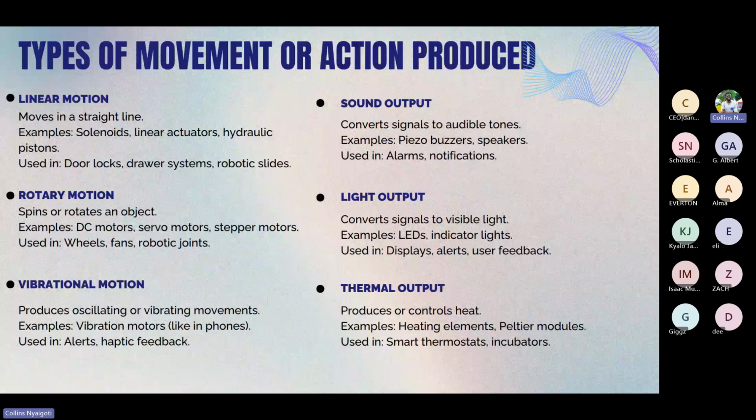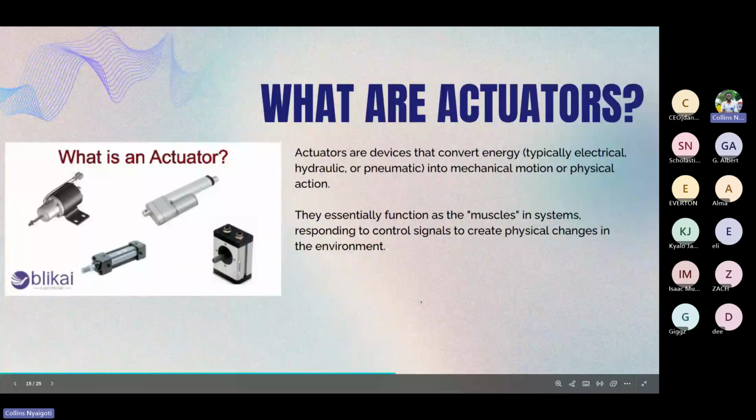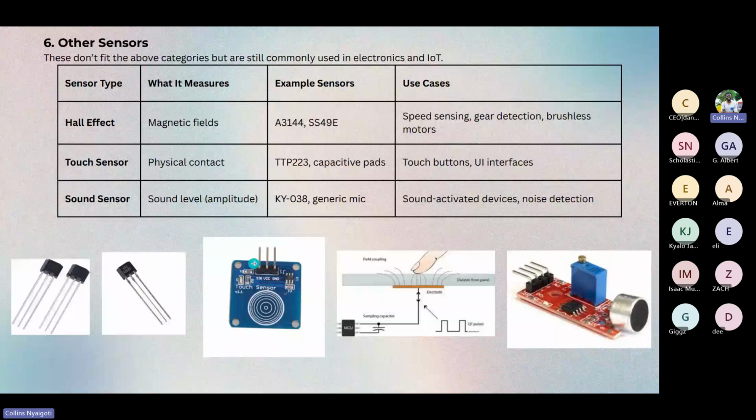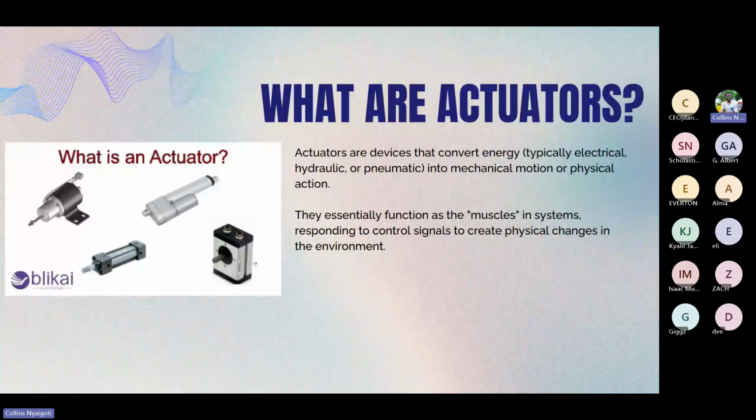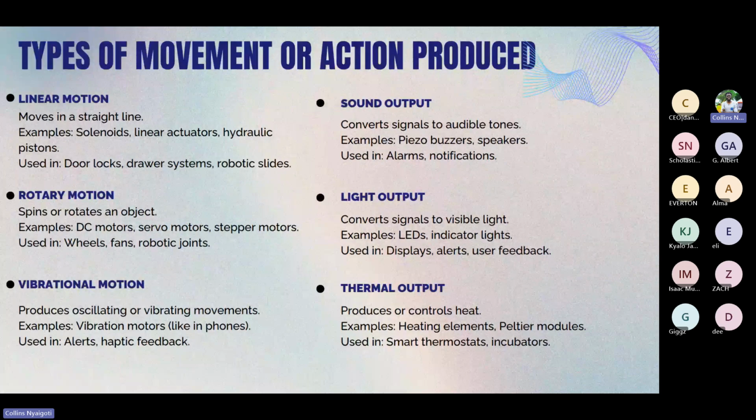Examples are solenoids, linear actuators, and hydraulic ppistons, being this one here. These are linear actuators, and they produce linear motion used in door locks, drawer systems, and robotic slides.